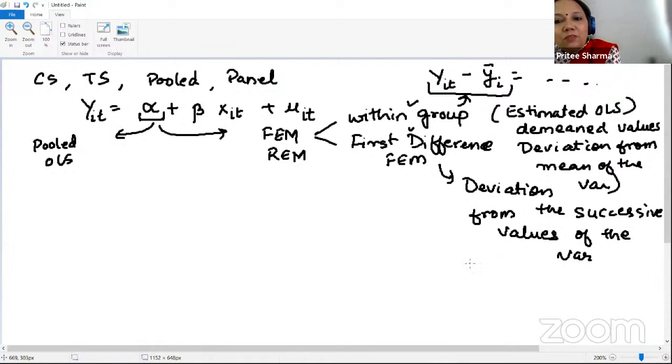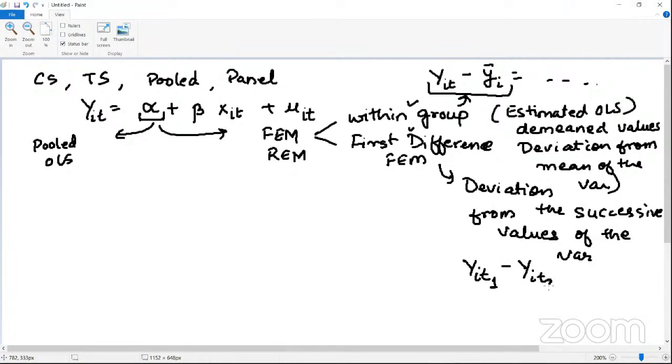All right. So what we would do basically is, suppose we have y for time period t1. Y_i,t1 minus Y_i,t2.